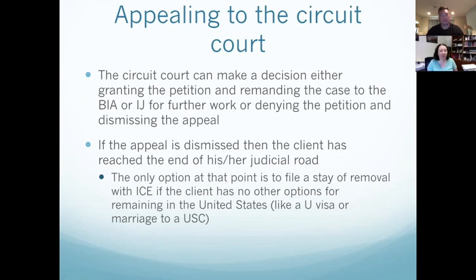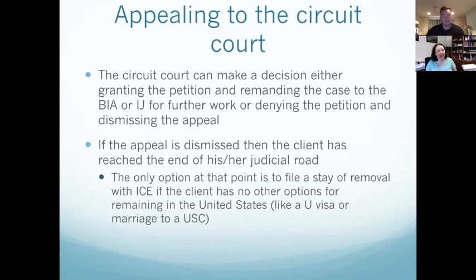So the Ninth Circuit could grant the petition and remand it to the BIA or IJ for further proceedings on an open record, or for a new decision, which is the best outcome for your client. Or they could deny the petition and dismiss the appeal. If the appeal is dismissed, the client has reached basically the end, with a few exceptions.